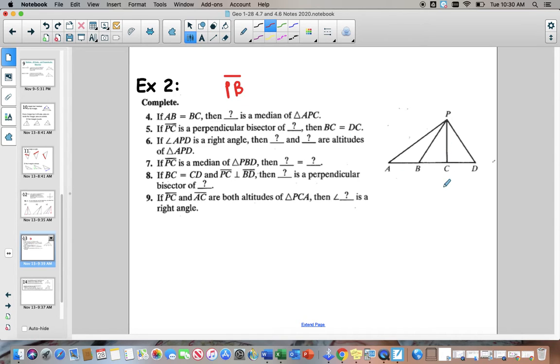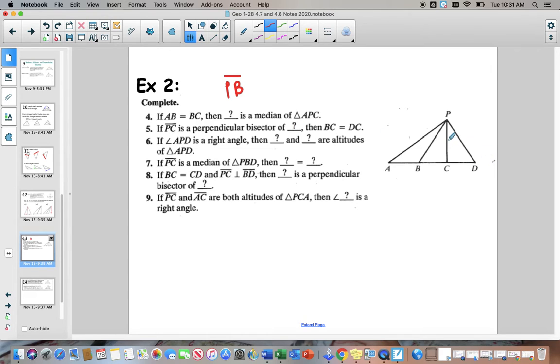PC is a perpendicular bisector of segment BD.